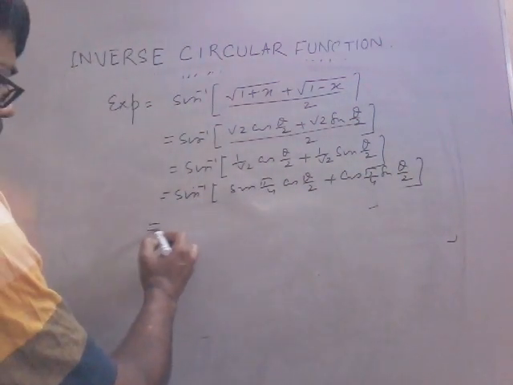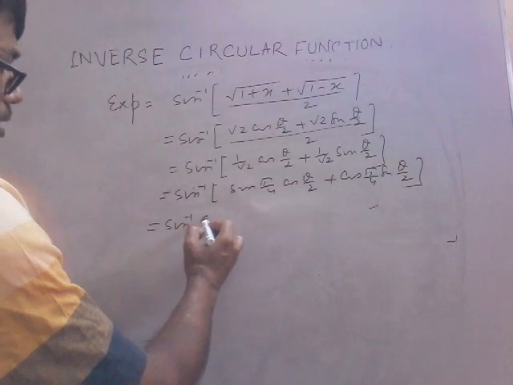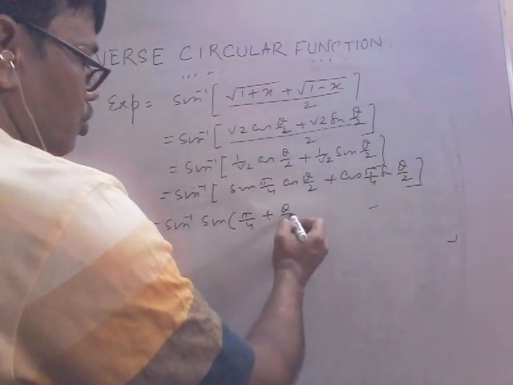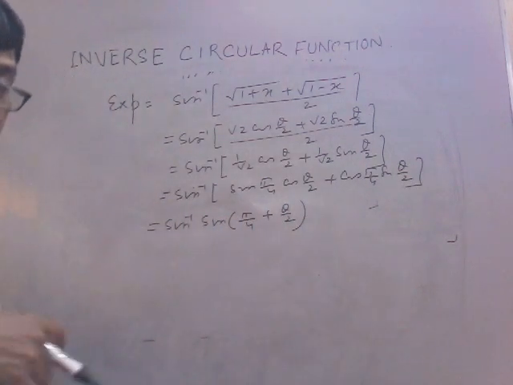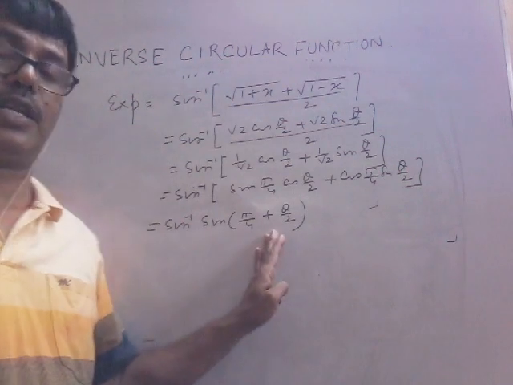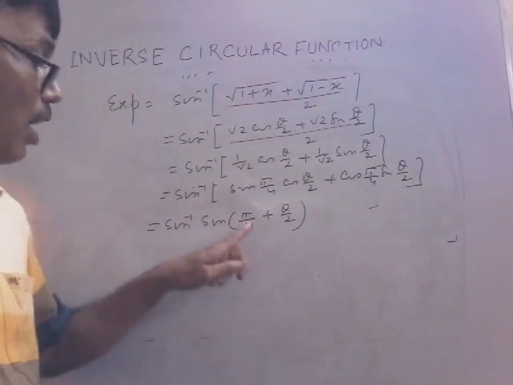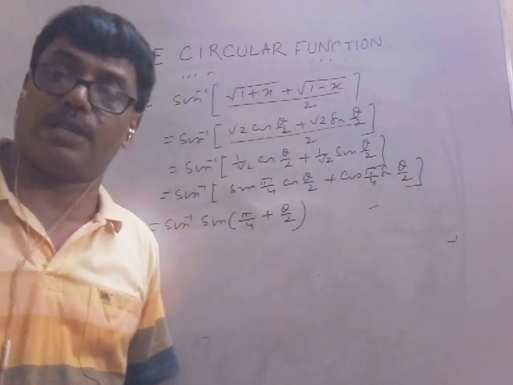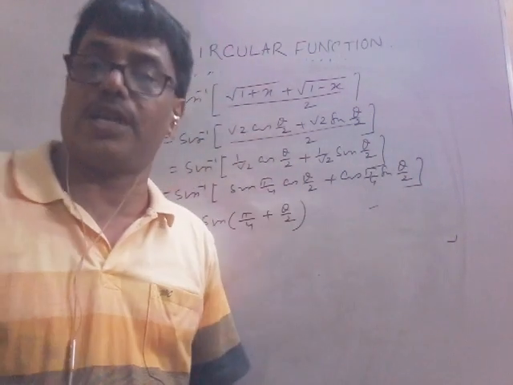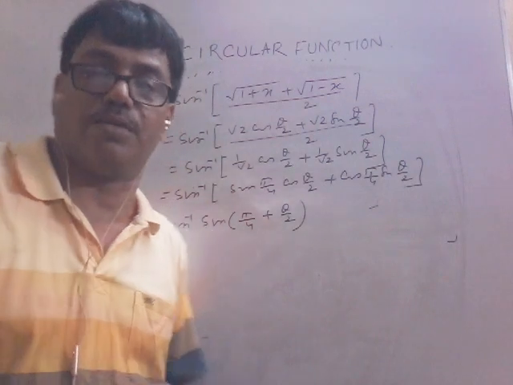So what is the value? Sine inverse sine of pi by 4 plus theta by 2. Now same result: sine inverse sine x equals x if the argument belongs to the principal value, that is, belongs to minus pi by 2 to plus pi by 2.